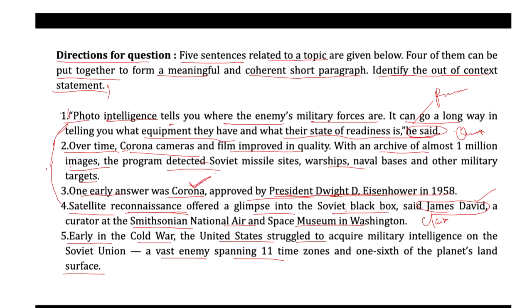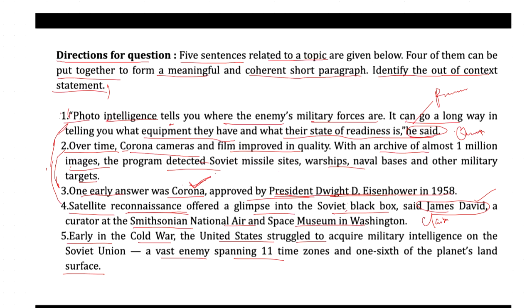So in that case, option 4 and 1 link with each other, option 3 and 2 are also linked with each other. Now in that case, we have option 5, isn't it? So if I look into option 5, what does it indicate? 3 and 2 link because statement 3 introduces Corona and statement 2 explains.